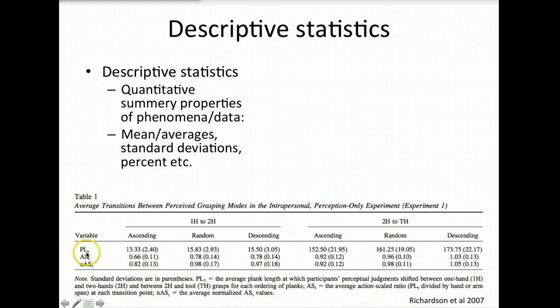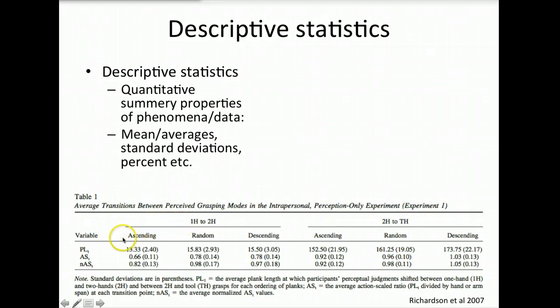So here we see a little abbreviation for plank length, and we can go in here and then we can see what was the average plank length at the transition point between one hand and two hand, and later on between two hands. And I think this is using a tool.